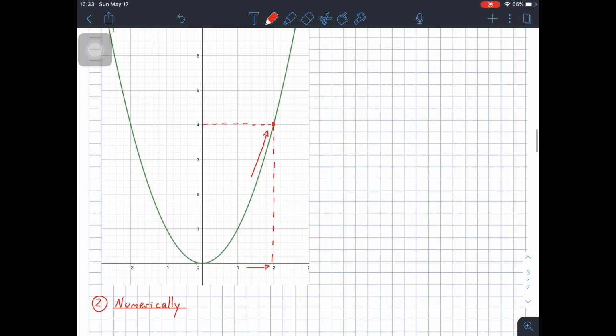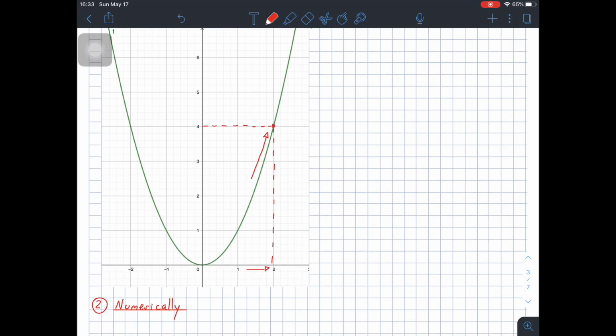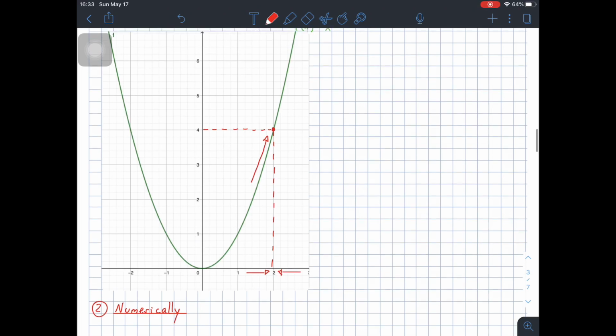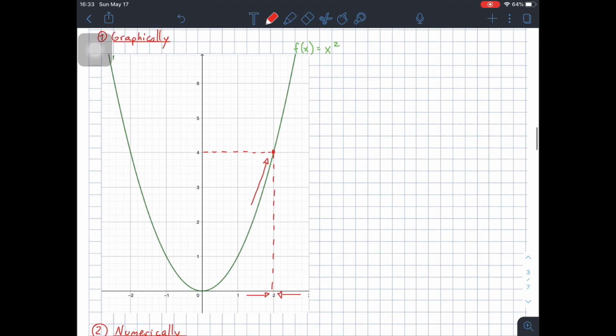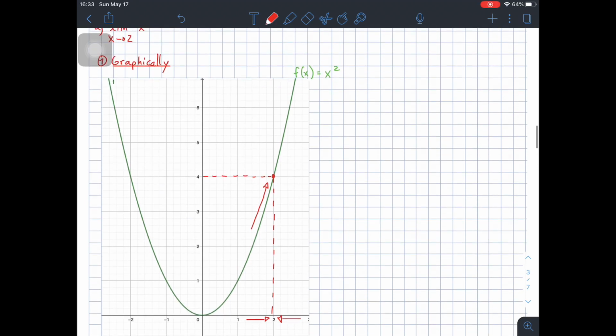And if we do the same for the right side, so we approach 2 from the right side, that's from right to left, you would see that if we approach from the right, we are actually approaching the same value, which in this case is this value over here, right?